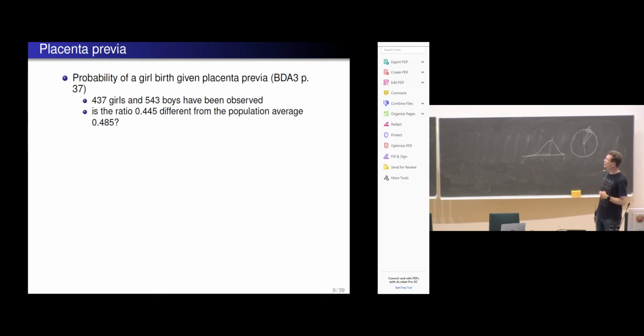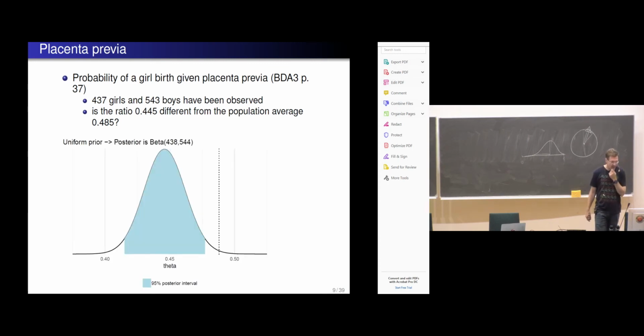We know that in modern Western countries the population average is quite stable, and the reference value is 0.485. Now we would like to know whether placenta previa affects this ratio. Placenta previa is where the placenta attaches to the lower part of the uterus.